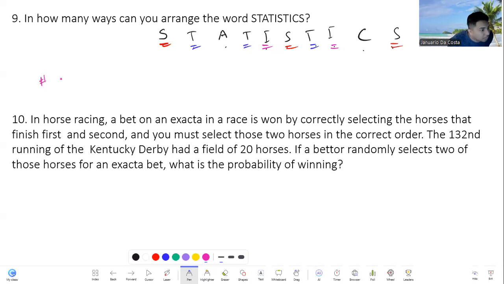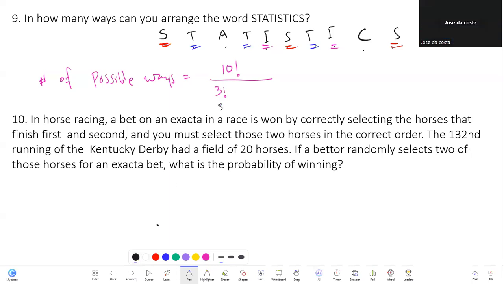It is simply 10 factorial, but then the S is repeated 3 times, so 3 factorial for S. I is 2 times, so 2 factorial for I. And then we also have 3 factorial for T.